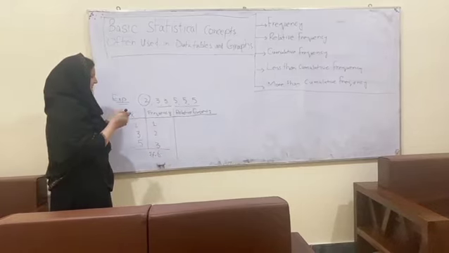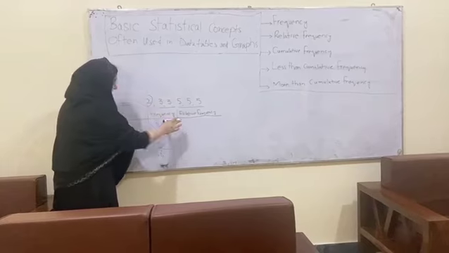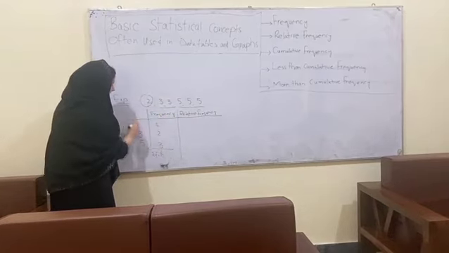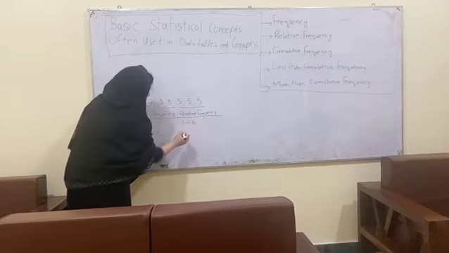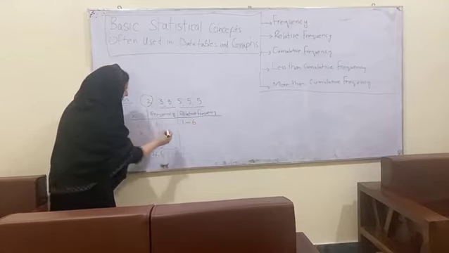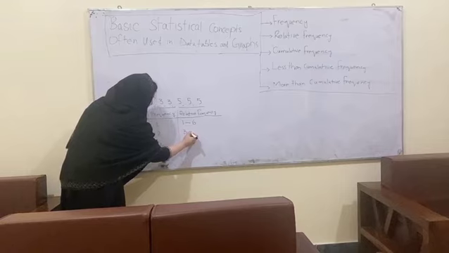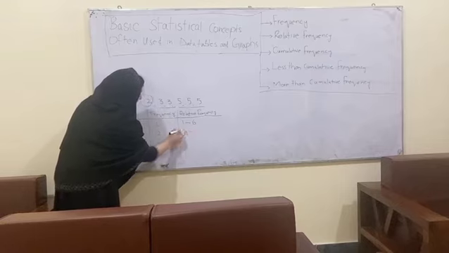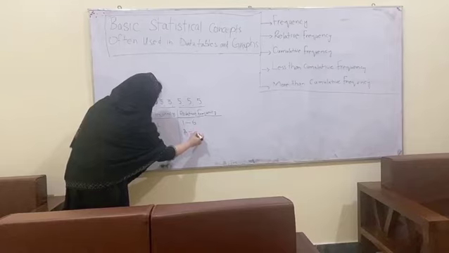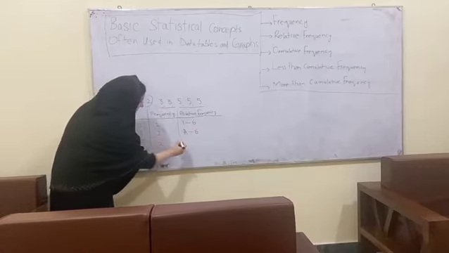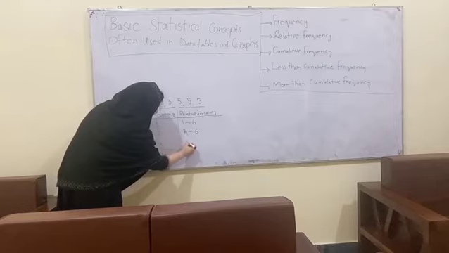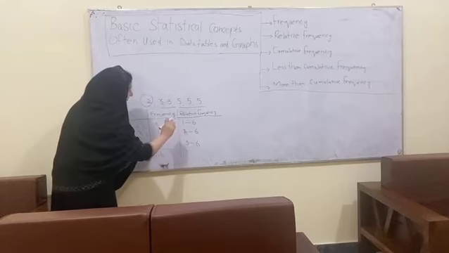That is, the relative frequency for this 2 is frequency divided by total observation. The relative frequency for this 3 is 2 divided by total observation. And the relative frequency for this 5 will be 3 divided by total observation.